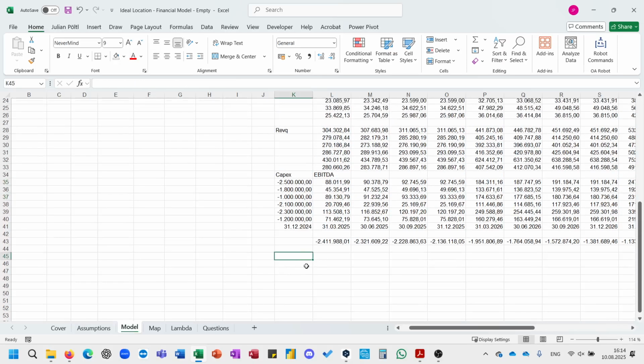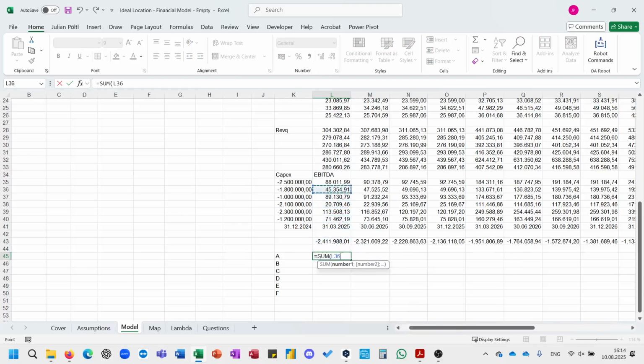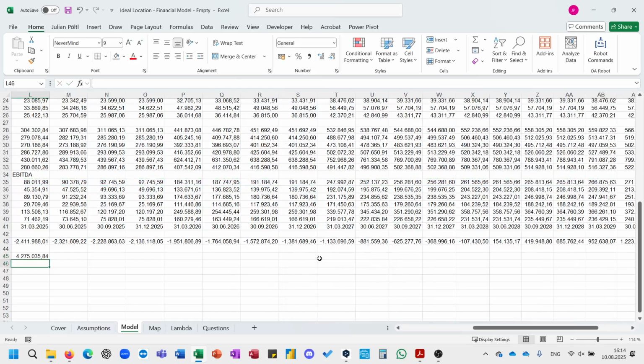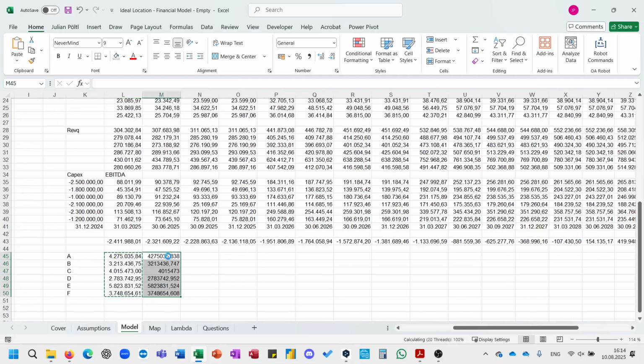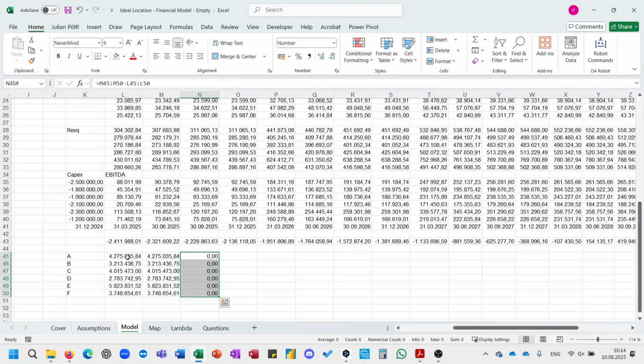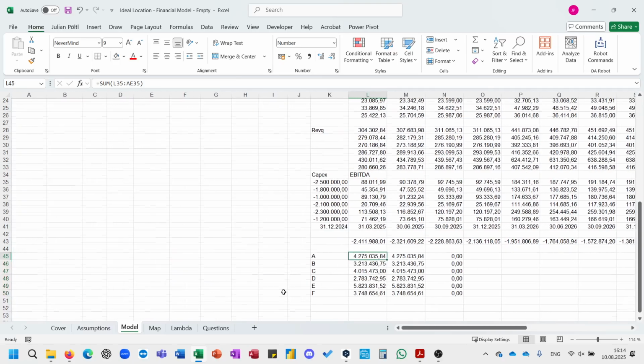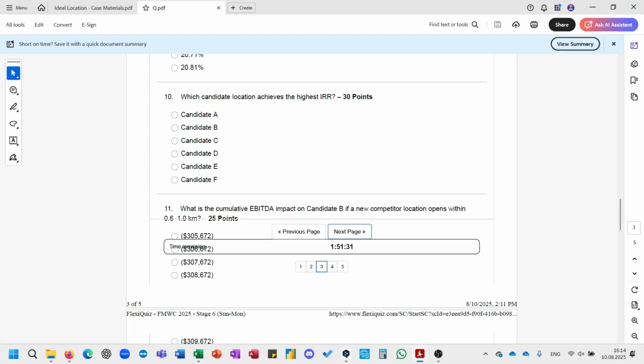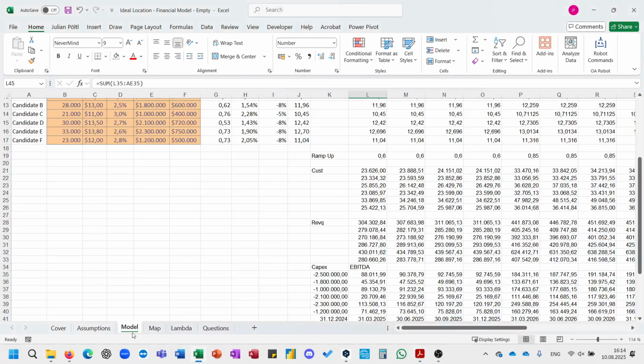So I first save A, B, C, D, E, F. Save the EBITDA at the beginning. And then we can also directly see the impact. Okay, and then we can now adjust it. So one competitor is opening a new store within a certain bracket.